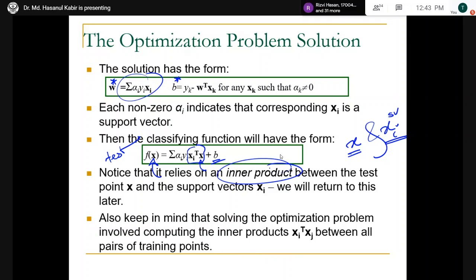And is this dot product a linear or non-linear operation? Linear. So this is the solution for a linear SVM. Is this clear?